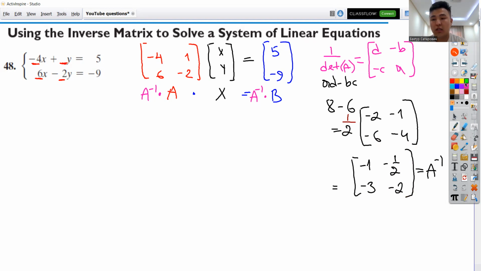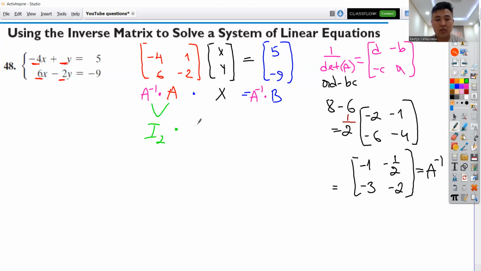All right, cool. The inverse matrix multiplied by matrix A will give you the multiplicative identity, 2 by 2, because we have a 2 by 2 matrix.